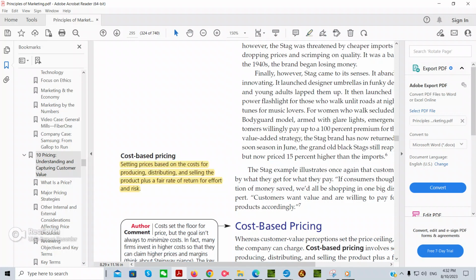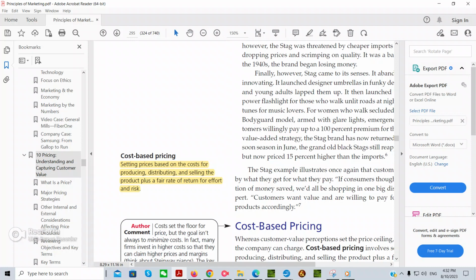And that's basically the market. There are different ways of calculating that. The first part of cost-based pricing is the internal cost, which refers to the producing of the product, the distribution, and then the selling.